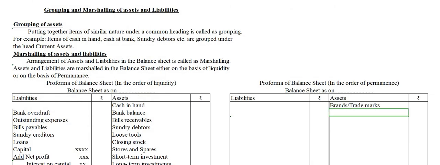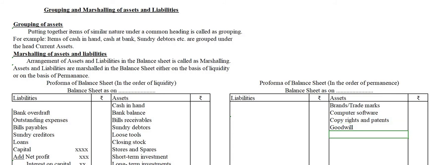So we can write all the items: bonds and trademarks we have written first, brands after that, computer software, then copyright and patents, then goodwill, then land and building, then we can write motor vehicle.